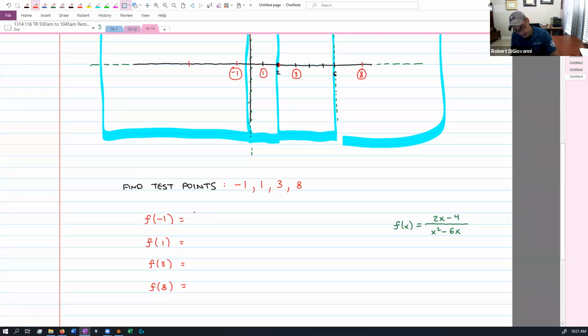I get 2 times -1 minus 4 over -1 squared minus 6 times -1. So we're just replacing all the x's with -1s. Up top, I should get -2 minus 4. On the bottom, when I square -1, I should get 1. And then when I multiply these together, I should get +6. So I'm going to be adding 6. You get -6 over +7.